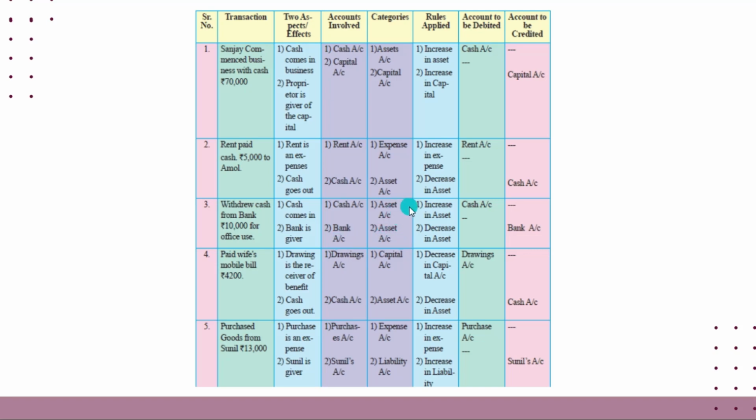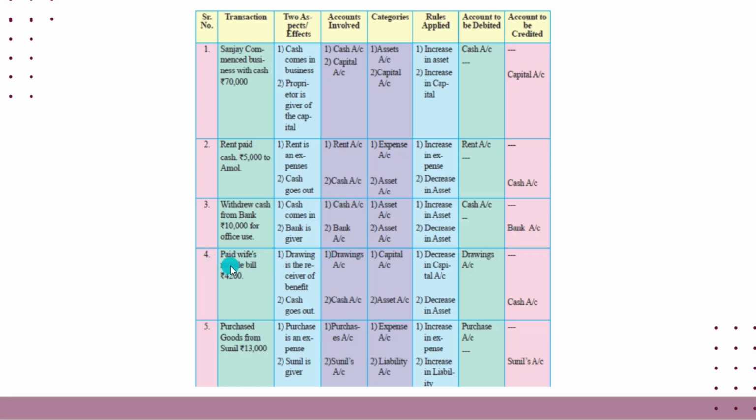Then the rule applied for asset here: you got cash, so there will be an increase in the value of your cash, so increase in asset. Second, asset got reduced from bank, so decrease in asset. So increase in asset will be debited, means cash will go to the debit side, and decrease will go to the credit side, that is bank account.